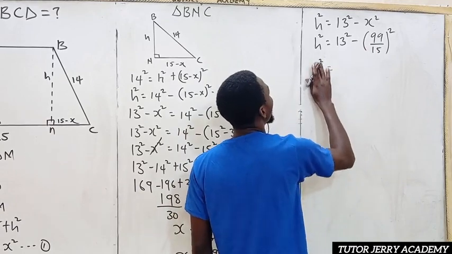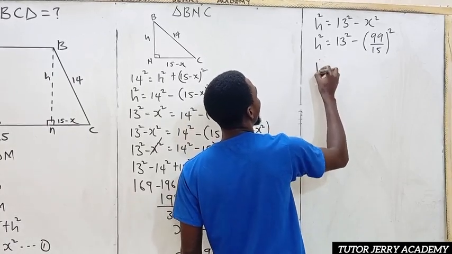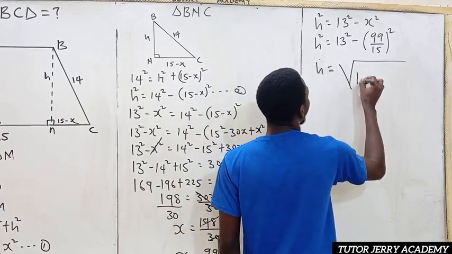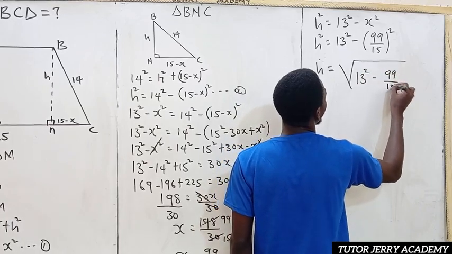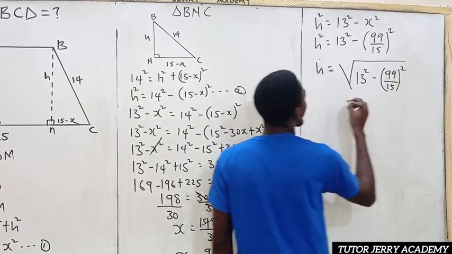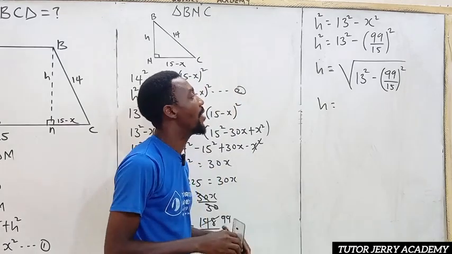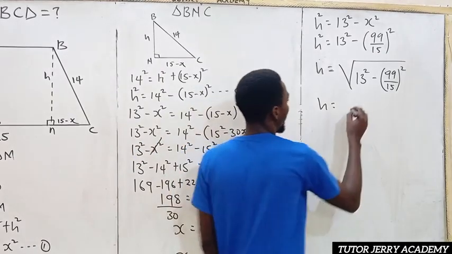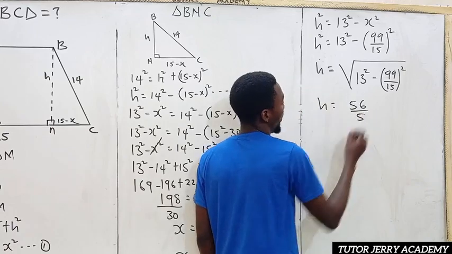Let's just take the square root directly. So h will be equal to the square root of 13² − (99/15)². If you press this on your calculator, I'm going to have h to be 56 over 5, rather, not 15.